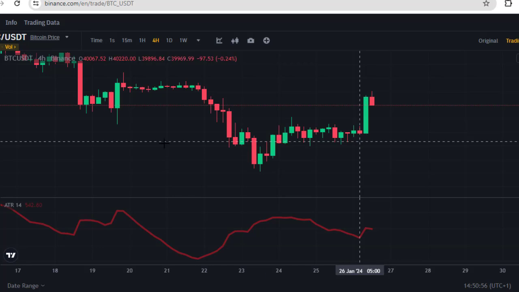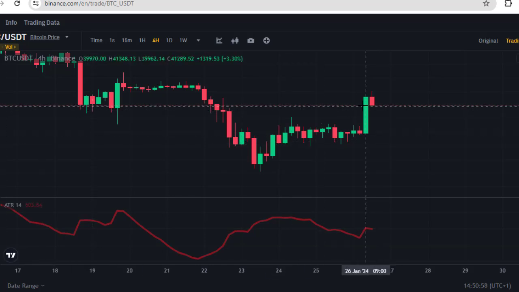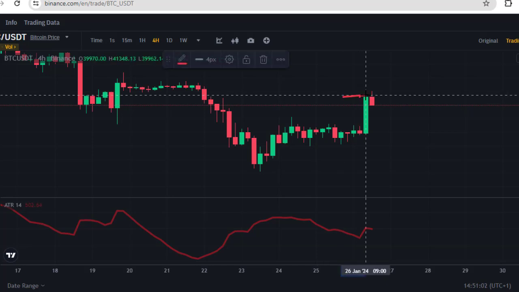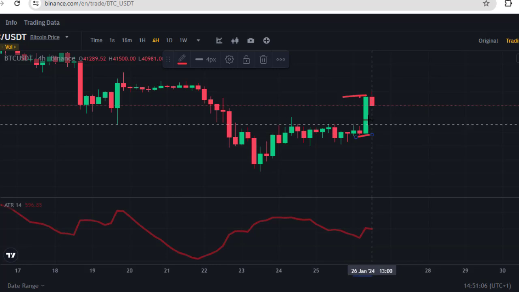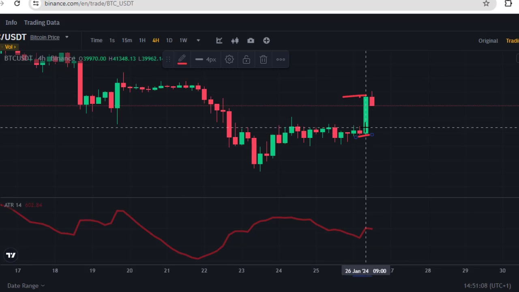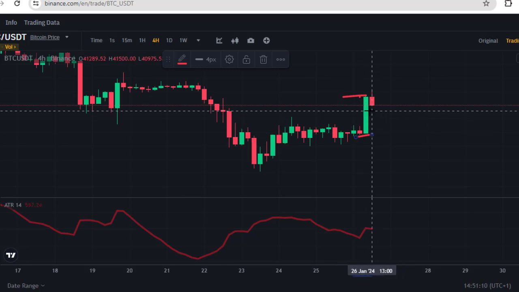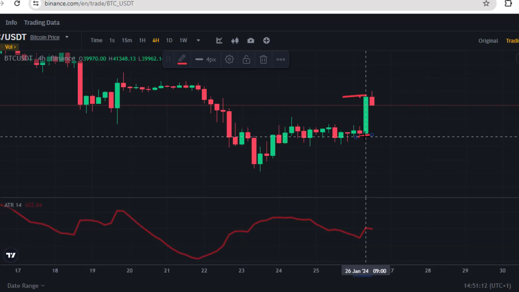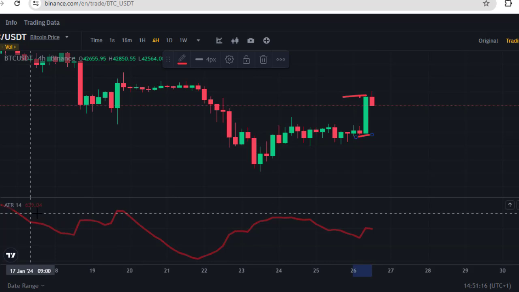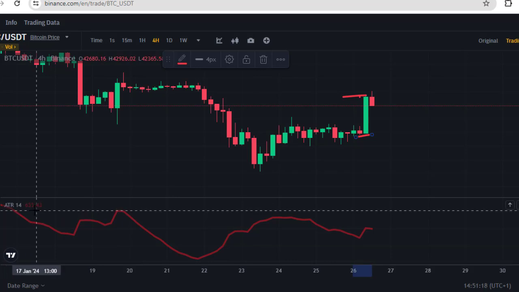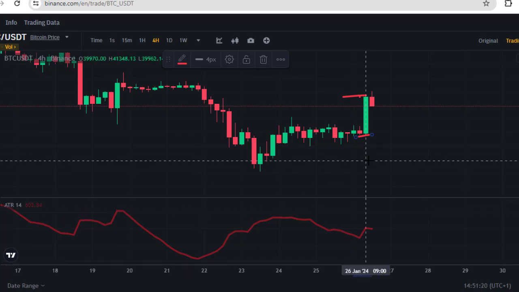It does this by taking, for example, the high of this very candle and the low of this very candle, and then it takes the average. It takes the difference between the high and the low on average, and then it gives you what we have here, if you can see my cursor, as the value of the ATR for this very candle.